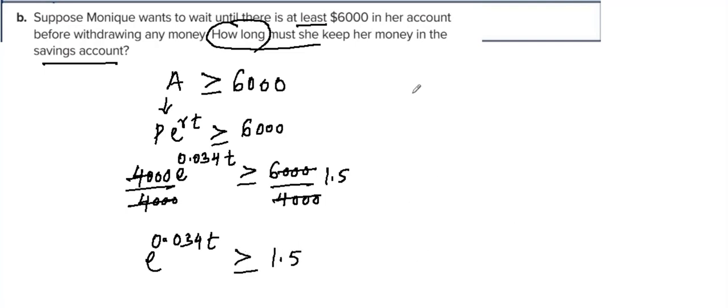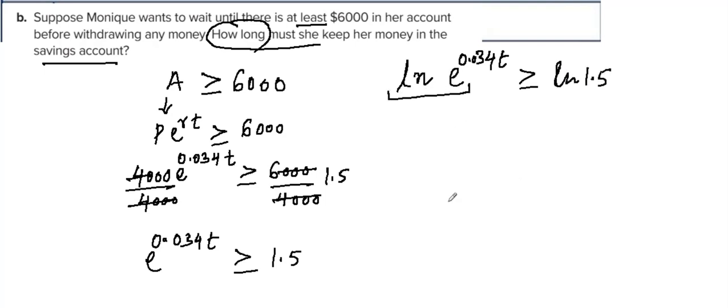Now what you will do is take log on both sides. So take log on both sides: ln of e^(0.034t) is greater than or equal to ln 1.5. Now ln e is 1, so what is left is 0.034t, greater than or equal to ln 1.5.